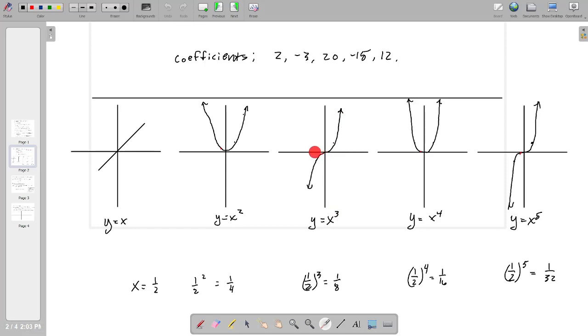But as x goes to negative infinity, we would have a negative times a negative times a negative, which is negative, which is why we get negative y values here. Now, as x gets larger and larger in the negative direction, we'll end up with negative y values that are getting larger and larger in the negative direction as well.